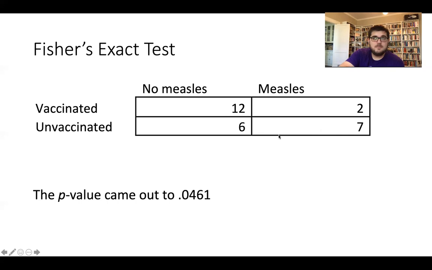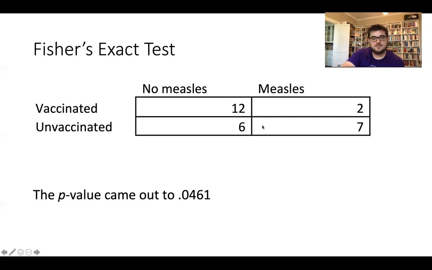So to actually get to that question, if someone sees this data and says, oh, it looks like the vaccine didn't help, you'd say, well, the number of people who are vaccinated and have no measles is far more numerous than the people who got vaccinated and have measles, compared to when you look at people who are unvaccinated, where it's about 50-50.